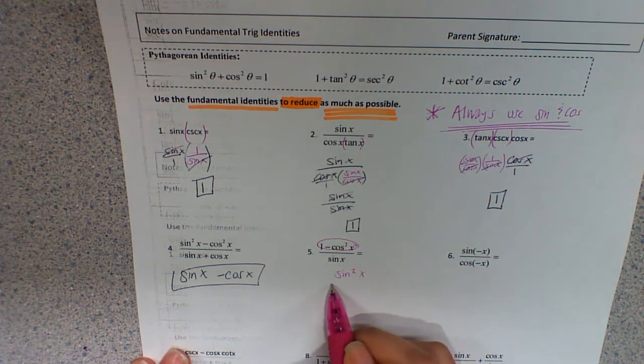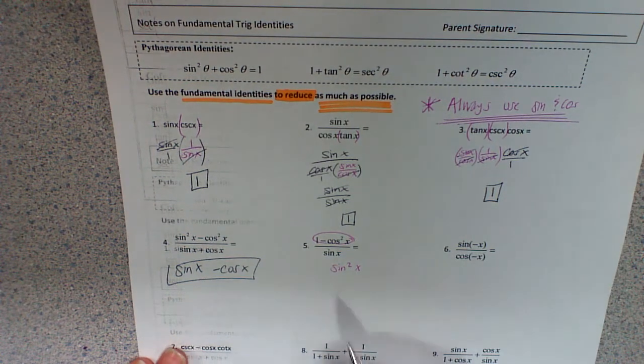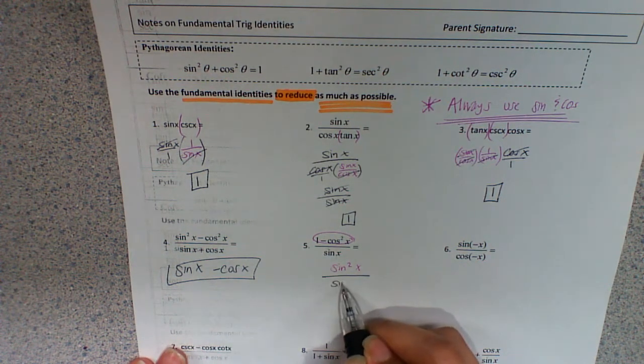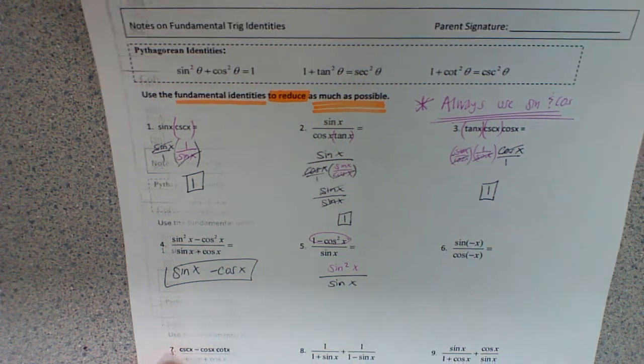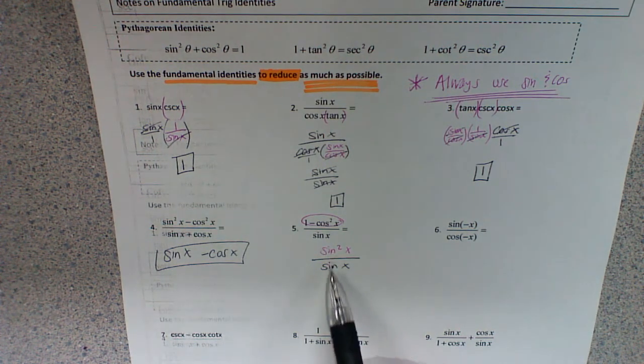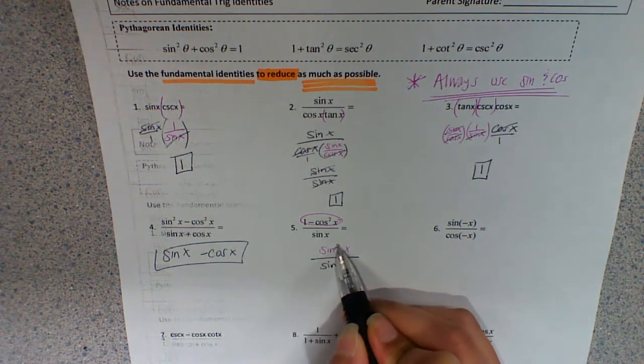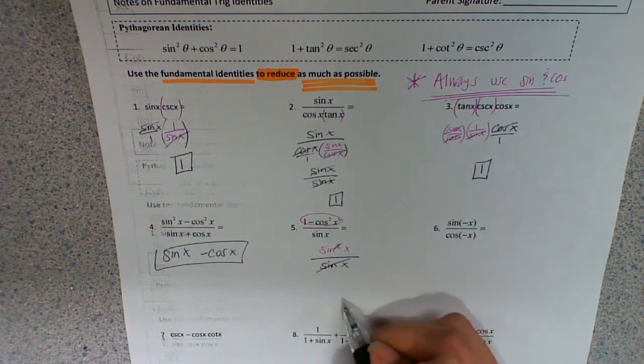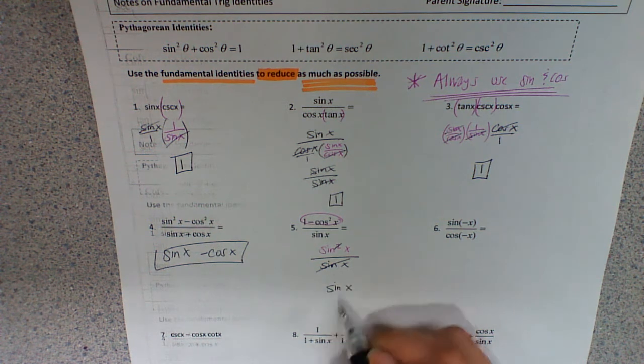In this case, I'm going to use x because that's what they use in the problem, over the sine of x that was already there. So now I'm going to try to simplify. I have 2 sines at the top, 1 sine at the bottom, so I can simplify that so that I have just 1 sine remaining at the top and nothing else. And there you go.